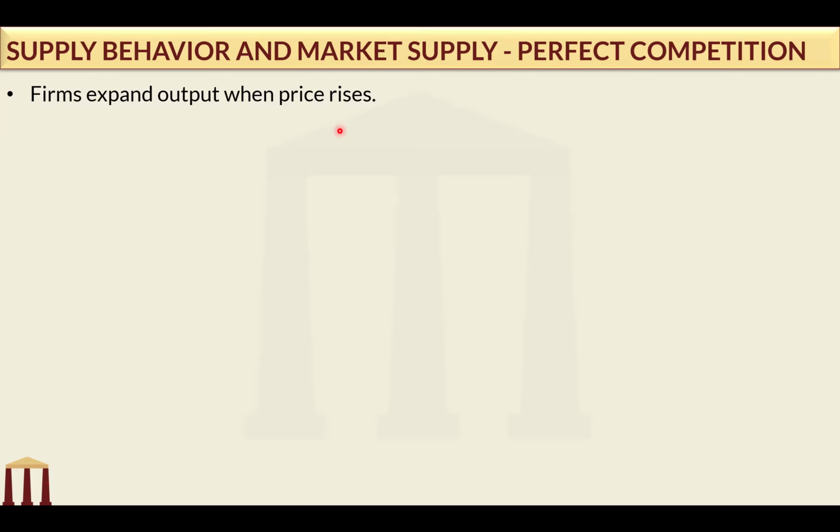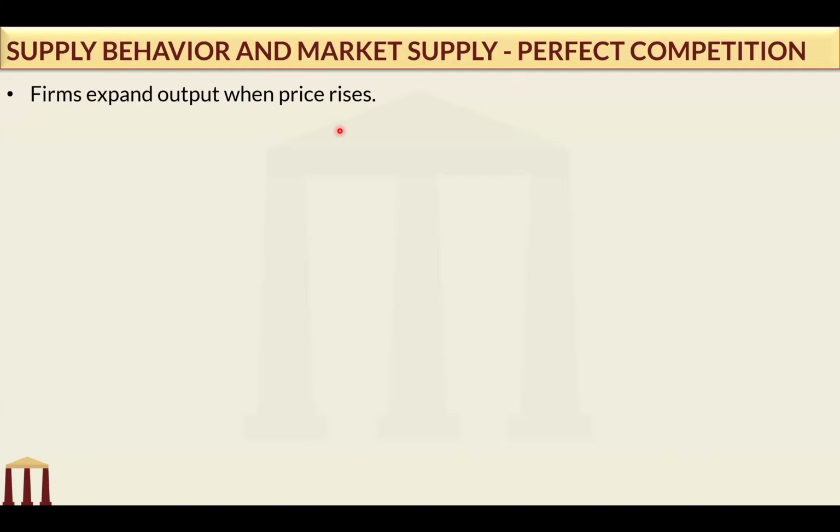say we have two individual farmers, let's call them Mr. Miller and Miss Rivera. They respond directly to market price in case of perfect competition.